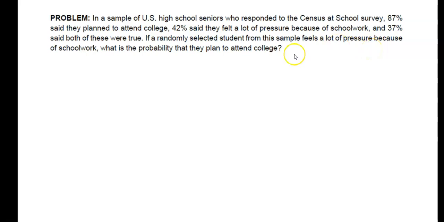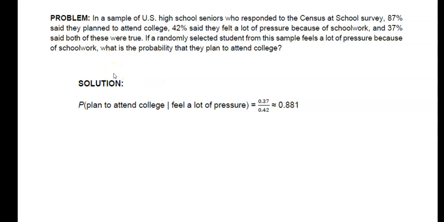So if a randomly selected student in this sample feels a lot of pressure because of schoolwork. So how many folks did that? 42%. So my denominator is 42%. Of those 42%, what percent plan to go to college? So of those 42%, so that'd be 37.